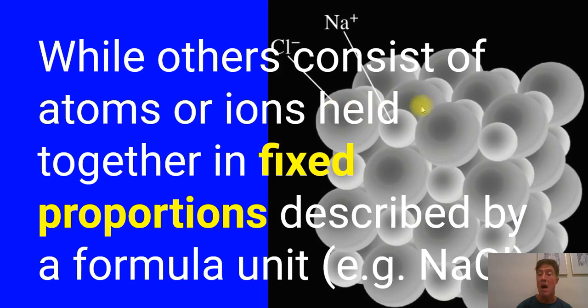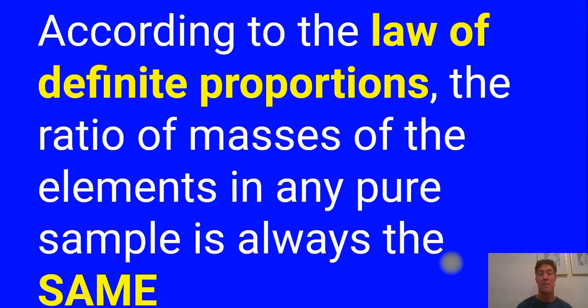It exists as a whole complex, a crystalline lattice network of sodium and chlorines. But they are in a 1-to-1 ratio, and so we describe it like this. But this is not describing an individual molecule. It's describing the proportions of each of the ions that make up that ionic compound.